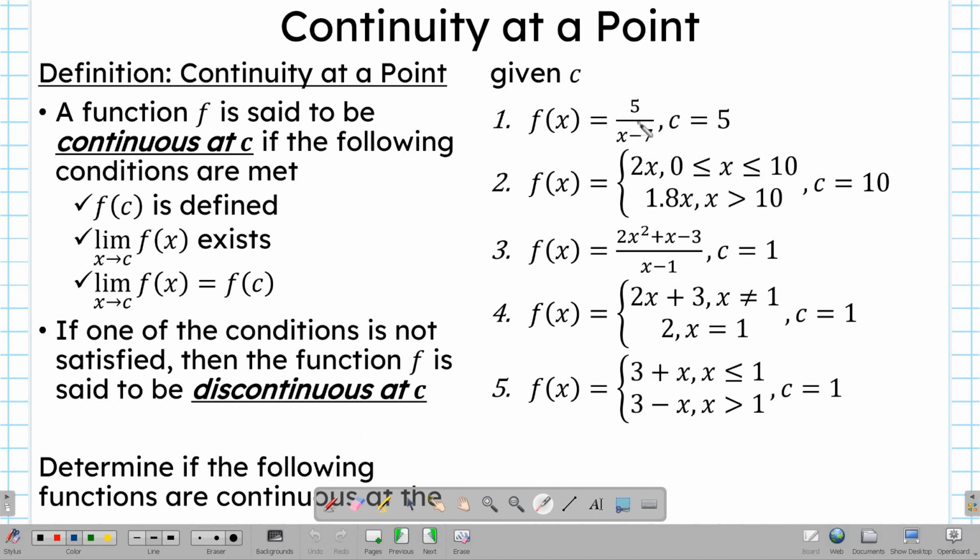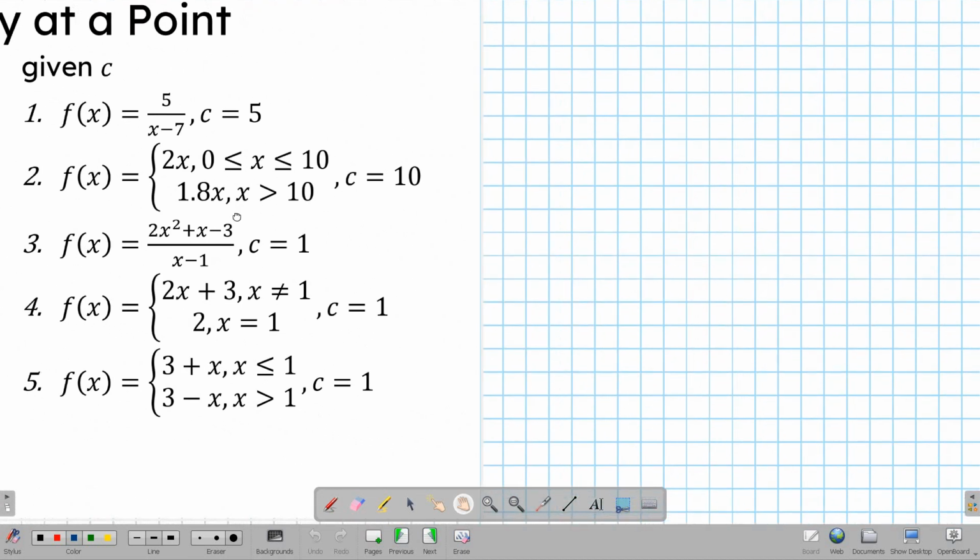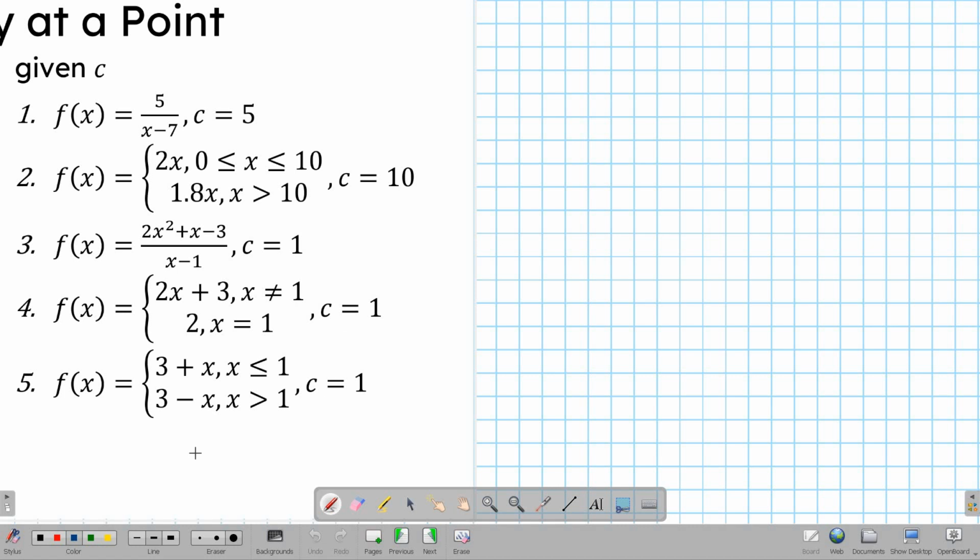Let's apply this to number 2. We are asked to determine whether f of x, which is equal to 2x for values of x between 0 and 10, and 1.8x for values of x greater than 10, is continuous at 10.